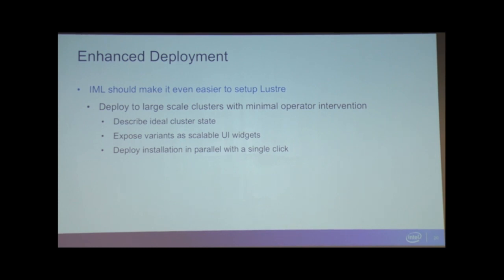Right now, IML is sort of a manual process to go through that, but we'd like to move to a point where we're using something closer to templating to describe a cluster as a whole and expose variants as scalable UI widgets that users can configure to basically describe the variant parts of their cluster as well. Once everything has been described, they should be able to deploy our installation in parallel with a single click and get near real-time feedback of that process.